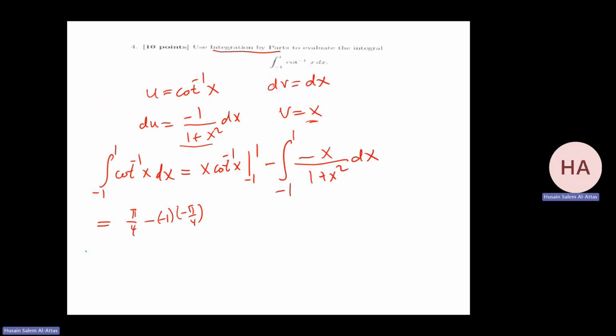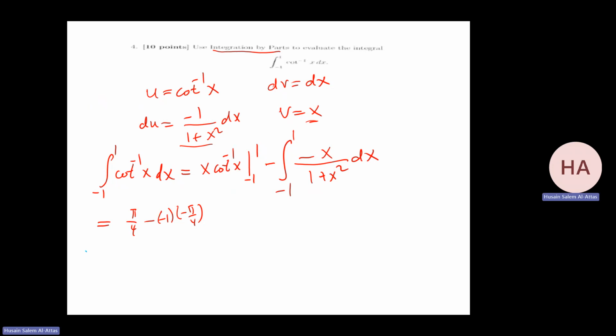It's an odd function, no? Cotan inverse of minus 1. That will be what? When cotan is minus 1, I need minus pi over 4. Yeah. Or I need 3 pi over 4.